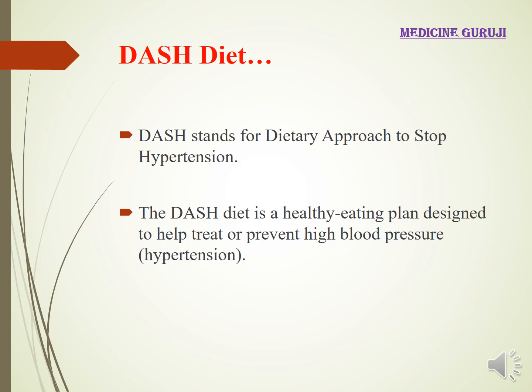A word on DASH diet. DASH stands for dietary approach to stop hypertension. The DASH diet is a healthy eating plan designed to help treat or prevent high blood pressure.